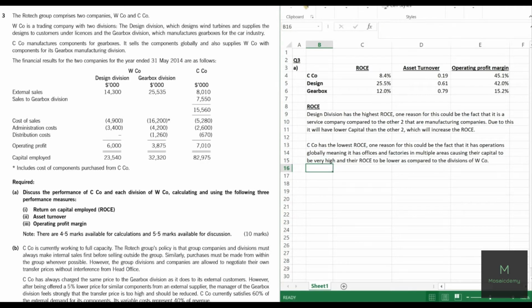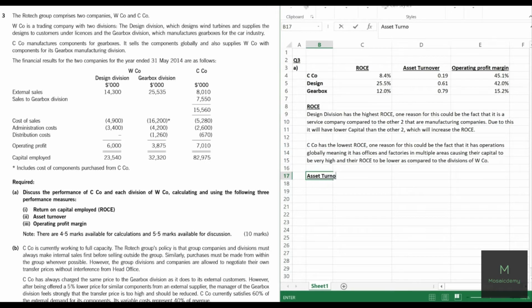So there's another point of analysis. Now it's 5.5 marks available for discussion, so technically 2 points per ratio would be sufficient, right? So let's continue. If we need to add more points here, we can do that down the line.